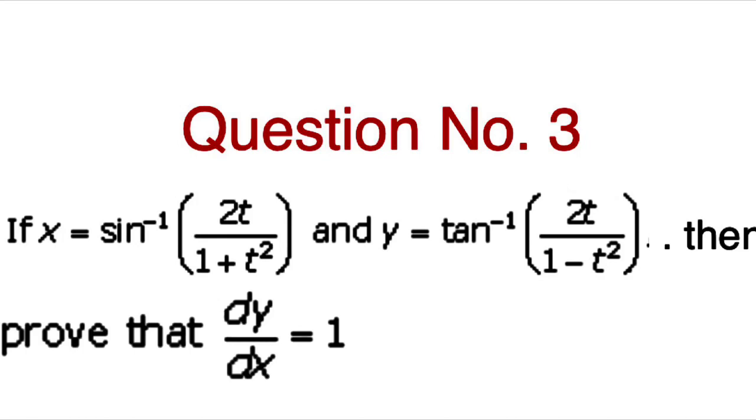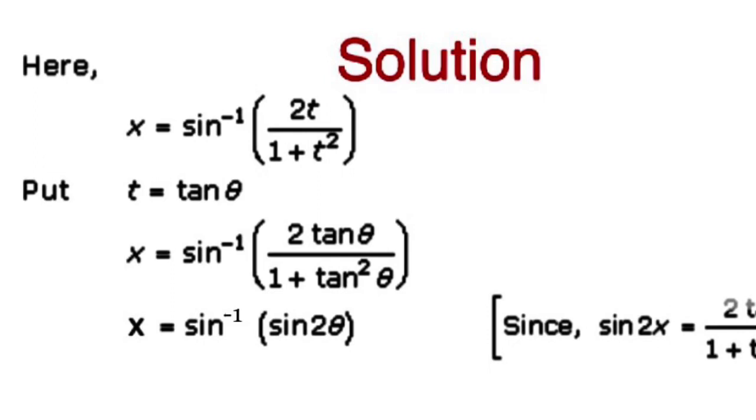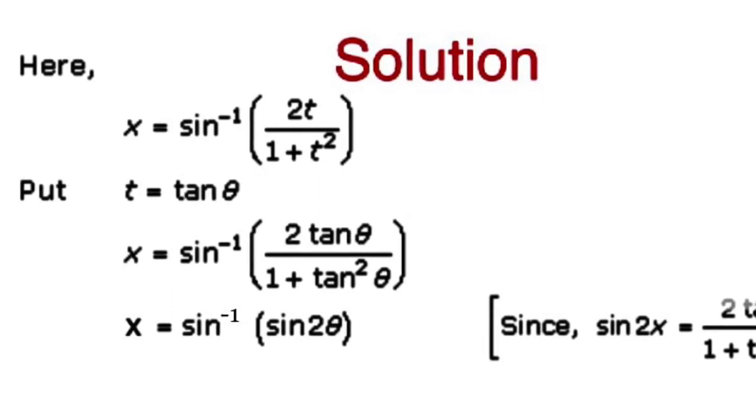Question number 3. If x is equal to sine inverse of 2t upon 1 plus t square and y equals tan inverse of 2t upon 1 minus t square, then prove that dy upon dx equals 1. Let's see the solution of this.